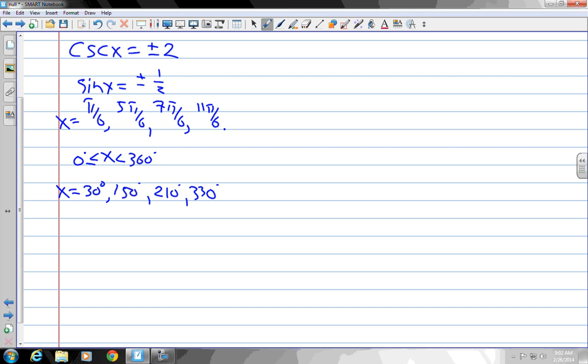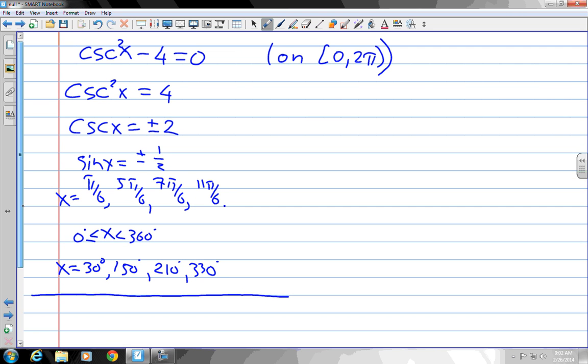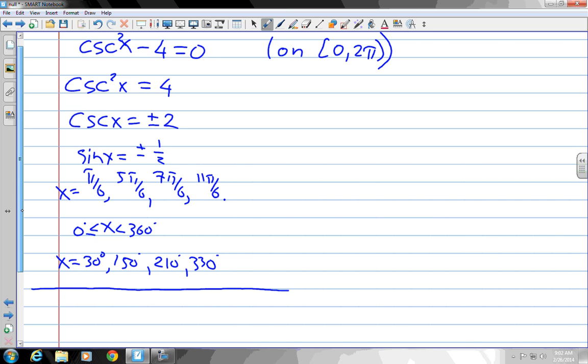So again, you can either convert them to degrees or just, again, use the unit circle. You get the same results. How is that? Is that okay? Okay. Well, let's play with some double angles.